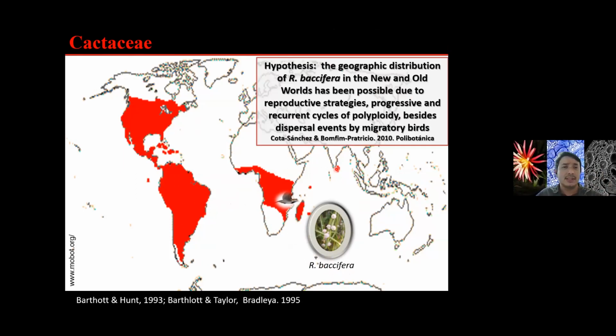There are some hypotheses about how this species has reached there, but what has been reported is that the forms that occur in the Old World are a little bit different in morphology because they have passed through recurrent cycles of polyploidy. So the forms in the specimens that occur there are polyploid, and they are morphologically somewhat different from the species from the Americas.